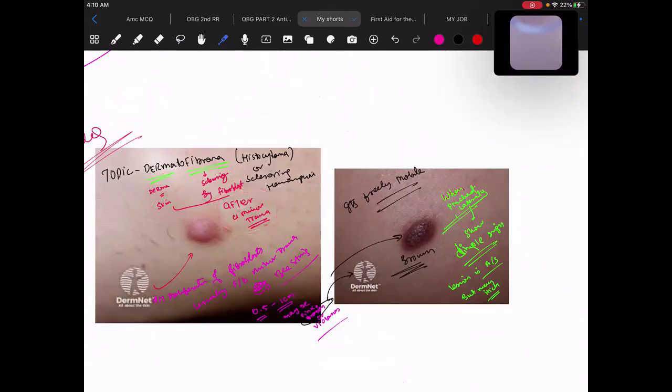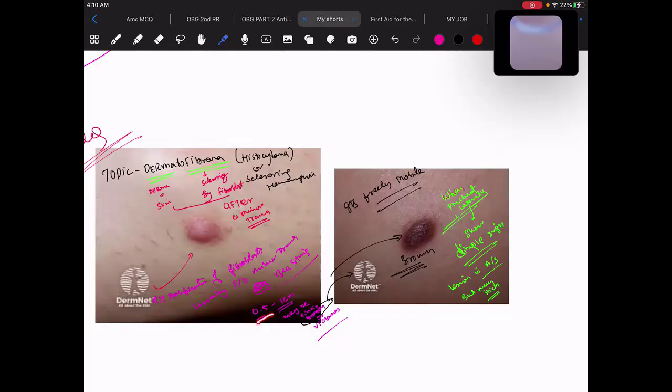If there is a minor trauma to the patient, for example a bee sting, there will be a bump like this. That is what we call dermatofibroma, due to the proliferation of fibroblasts, usually following trauma or a bee sting.